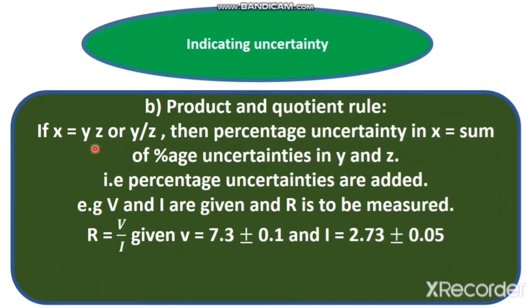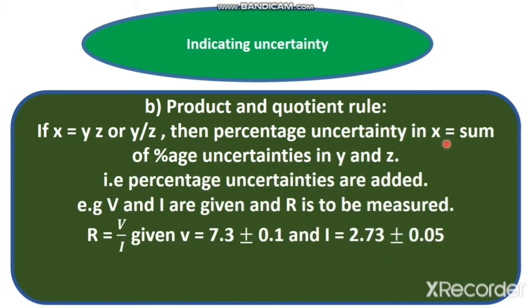In this case, we will calculate the uncertainty by adding the uncertainties in y and z. So the percentage uncertainties in y and z will be added to calculate the final uncertainty in the value of x.